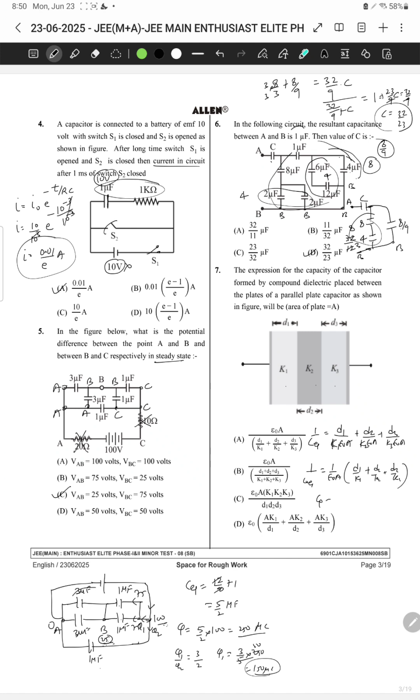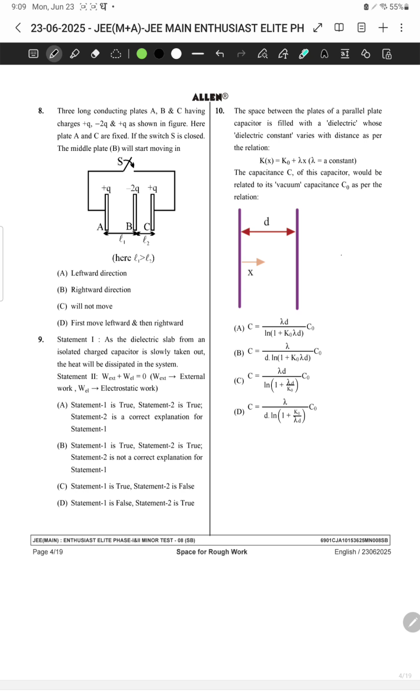To find C equivalent, just reverse them. So we'll get epsilon naught A divided by d1 by k1 plus d2 by k2 plus d3 by k3. So that's it here. Option A is the answer. Clear? So far so good. Let's move to the next question then.